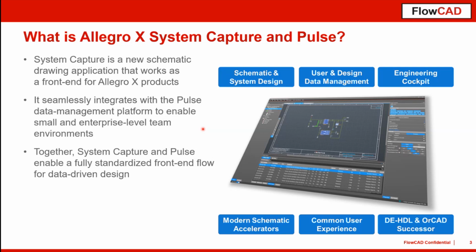There is this Atom mode running on your machine, and there can also be a Vista mode, a Pulse installation on a server machine to which you can connect. I will also talk a little bit about this engineering cockpit functionality in System Capture, because as mentioned, it's way more than just simply drawing a schematic.